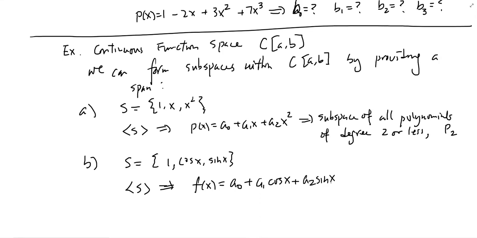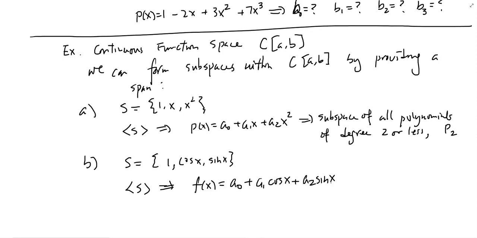Recall, in order for a subset of objects to form a subspace, it must satisfy three conditions. The first one: it must have the 0 element in it, and I can say that the 0 element is in this span. The reason is that it becomes 0 plus 0 cosine x plus 0 sine x, and that gives me 0. So the 0 function does take this form with a sub 0, a sub 1, a sub 2 all being 0.